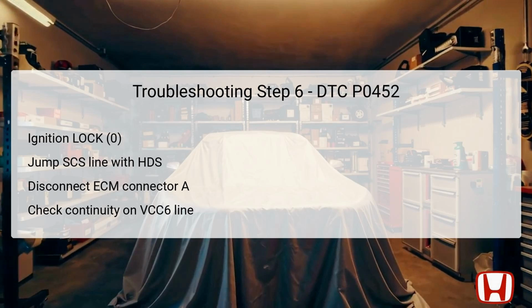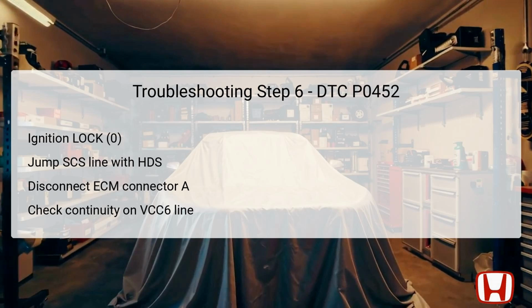Connect terminals A and B using a jumper wire for testing purposes. Terminal A refers to the FTP sensor 3P connector number 3, red, while terminal B is connected to body ground. This step checks for continuity in the VCC6 wire, which is vital for the FTP sensor's operation.